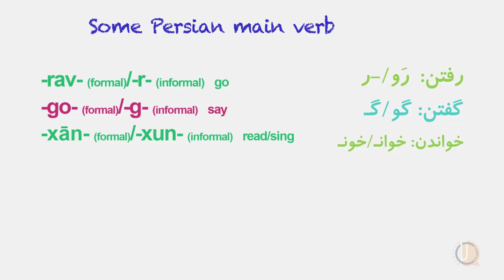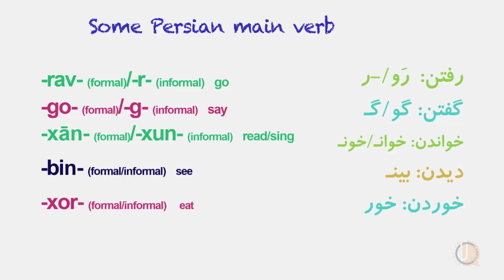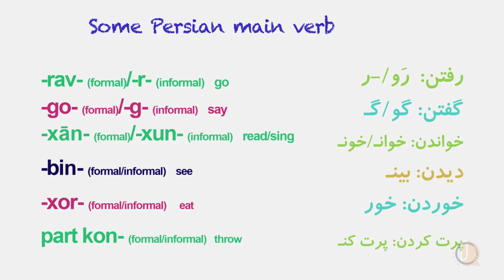The present root is خوان, formal, and خون, informal. دیدن means to see. The present root is bin, formal and informal. خوردن means to eat. The present root is خور, formal and informal. پرت کردن means to throw. The present root is پرت کن.